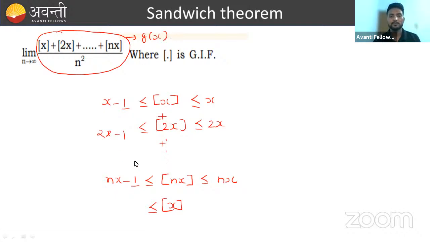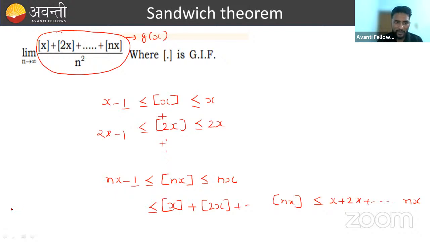Okay, yeah. So now you can see. What I will do, I can add everything. So it will be like this. And here it will be x plus 2x till nx. And here it will be x plus 2x till nx.